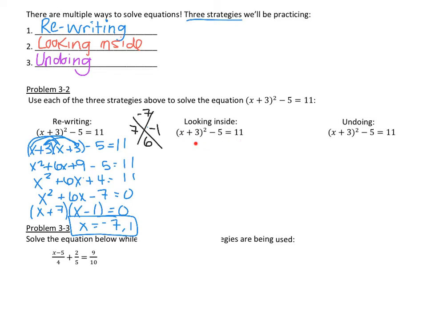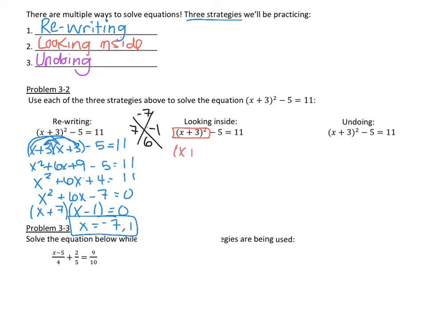So thinking about that, this whole piece, x plus 3 squared, that I'm boxing in, when I subtract 5 from it, it must equal 11, which means the only number I can subtract 5 from and get 11 is 16. That means this whole piece has to equal 16. So I'm going to start by writing that. This is kind of like the looking inside piece of it.